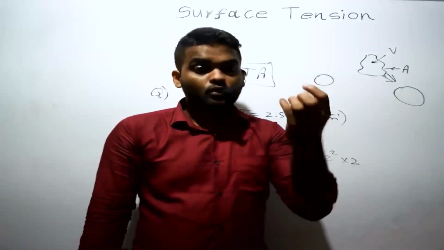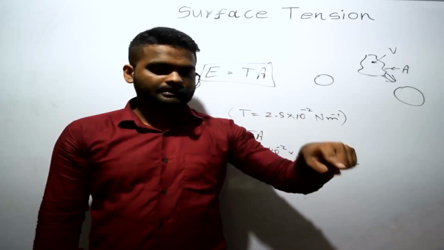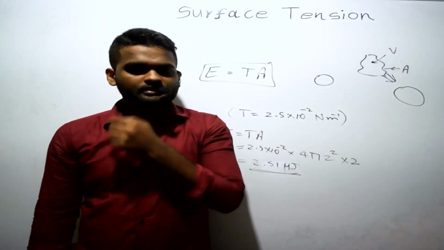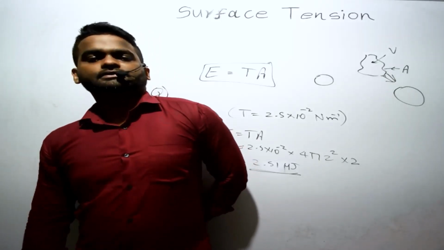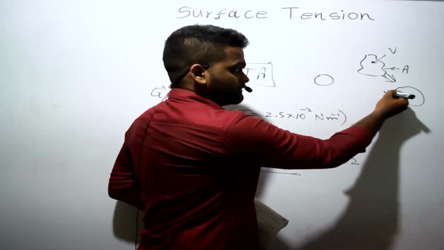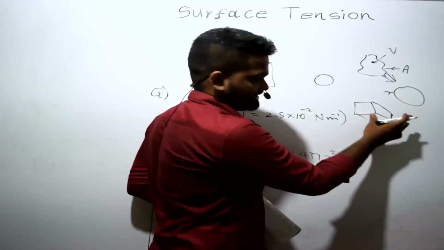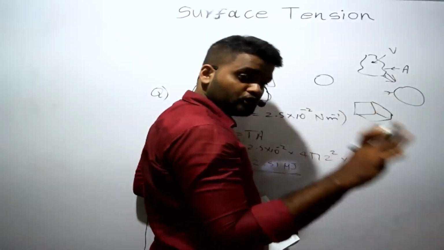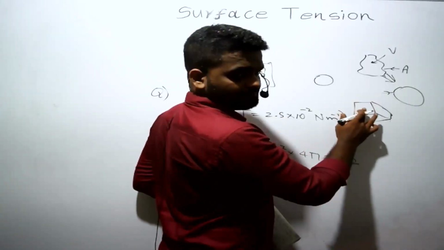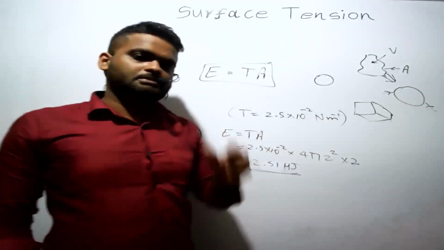That's why soap bubbles take a spherical shape. Otherwise, it could take the shape of a cube. Have you seen cubic soap bubbles? Because a cube and this one, let's say they have the same volume, but to keep this volume at a minimum surface area, it has to take the shape of a sphere. That's why soap bubbles are spherical.